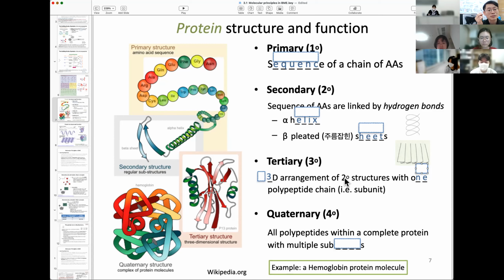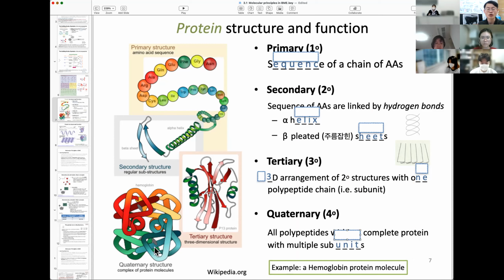But sometimes a protein can be just one polypeptide chain, while other times some proteins perform a complicated function which needs multiple subunits. In that case, we call it a quaternary structure: all polypeptides within a complete protein with multiple subunits. A good example is the hemoglobin molecule.